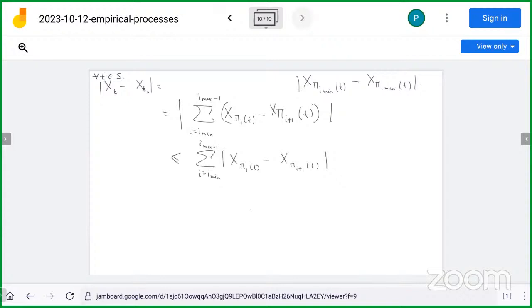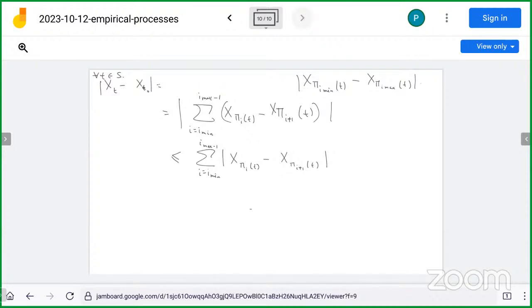This is the sum, and each one of these is sub-Gaussian with a reasonably good parameter. It has to be proportional to epsilon, so 2 times epsilon. And how many such terms are there across all the t's that I will choose? How many different such terms can appear?